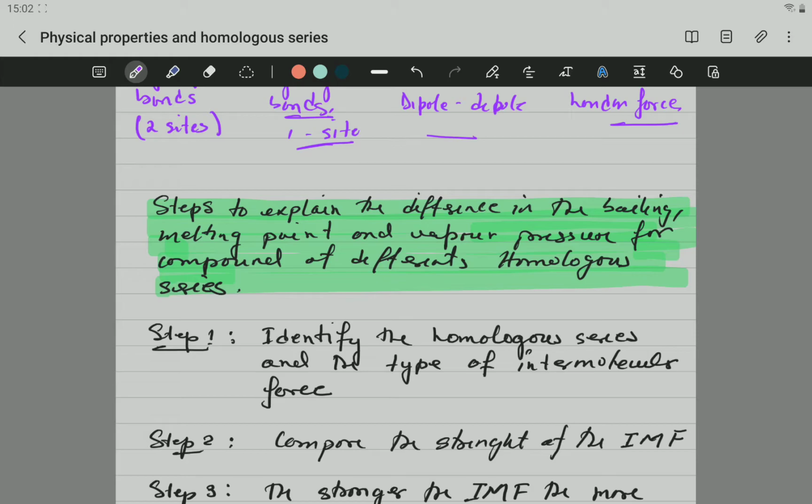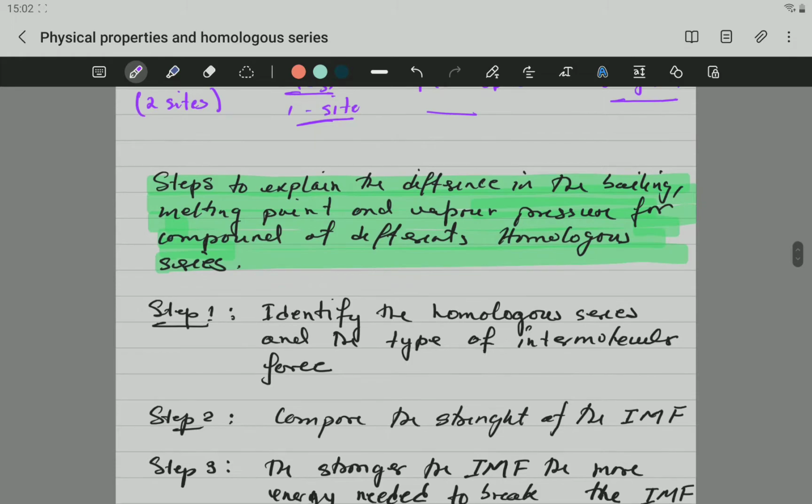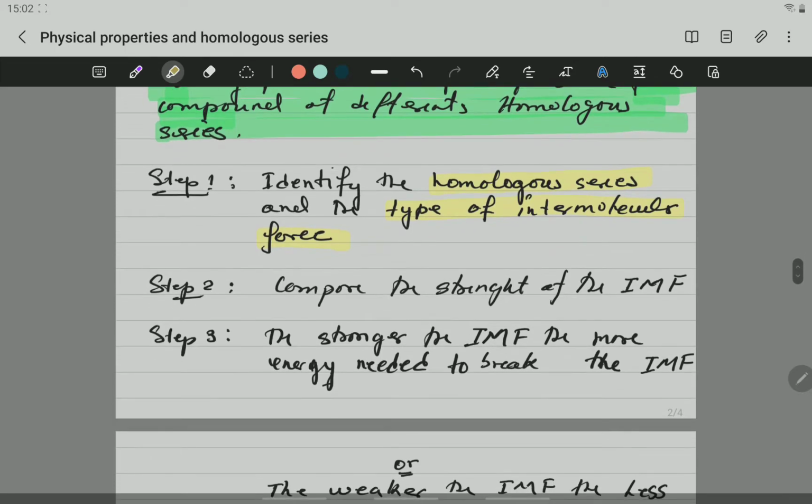There are 4 steps. Step 1, always identify the homologous series and the type of intermolecular forces for that specific homologous series. Second step, you are going to compare the strength of the intermolecular forces.